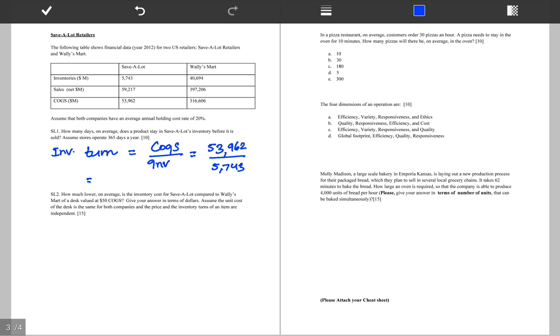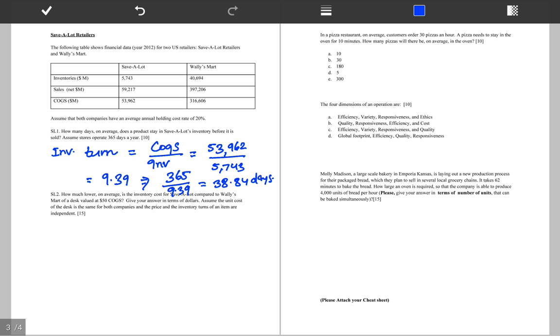This turns out to be about 9.39. What that means is the company turns the inventory about 9.39 times on average, but the answer is not done because the question asks not the inventory turns, but how long each inventory stays there. So in terms of days, there are 365 days. You divide that by the number of inventory turns, you get about 38.84 days.